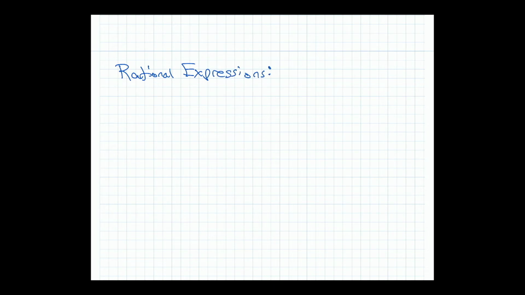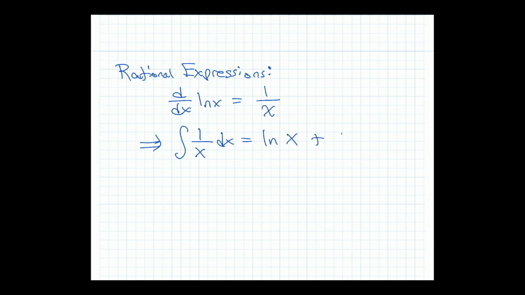It's not all rational expressions, but it's just the 1 over x type. So we know this. Again, we'll start with the derivative. We know that the derivative of ln x is 1 over x. Okay? That means, as an antiderivative formula, the integral of 1 over x dx equals ln x plus c.